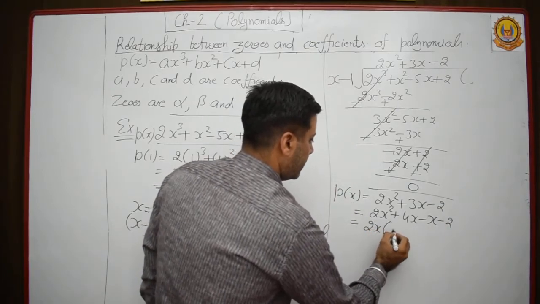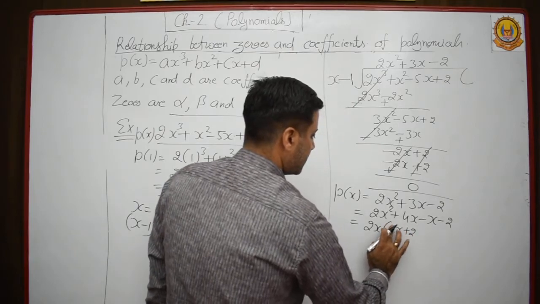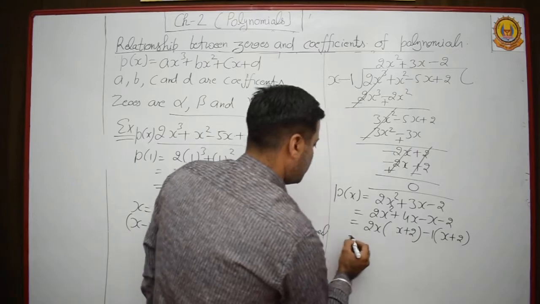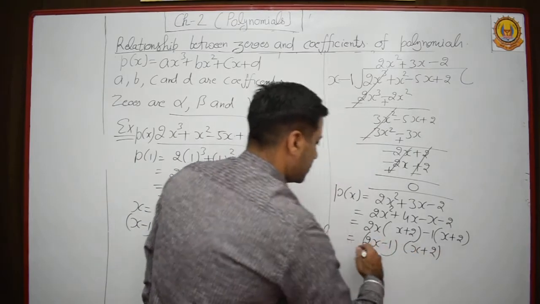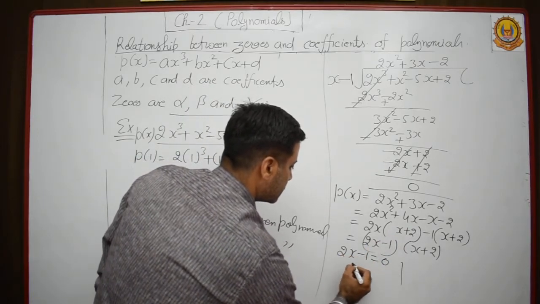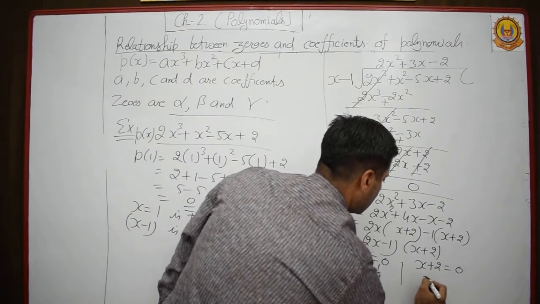Take out 2x common, so 2x plus 2, sorry, 2x plus 4, and here take out minus 1 common, so x plus 2. So (2x minus 1) and (x plus 2). Put 2x minus 1 equal to 0, so x equals 1 by 2. Here x plus 2 equal to 0, so x equals minus 2.